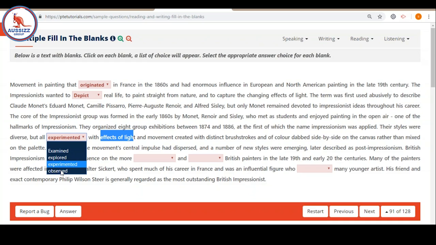Because of those experiments, you are performing some experiments on the modern and progressive British painters in the late 19th and 20th century. Many of the painters were affected in the circle of Walter Sickert in France, who was an influential figure.